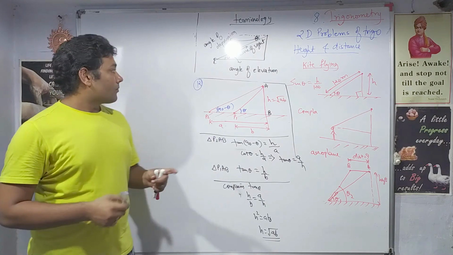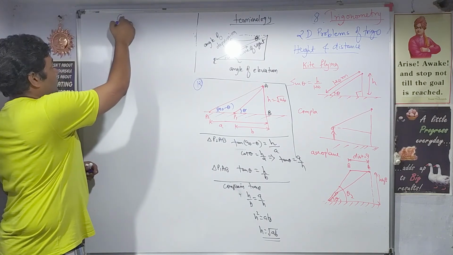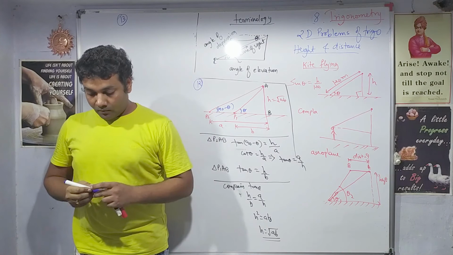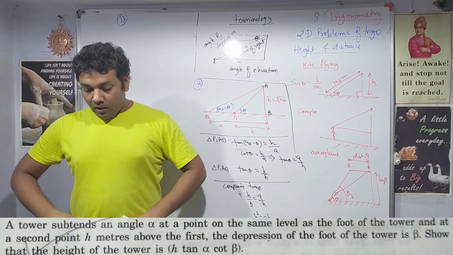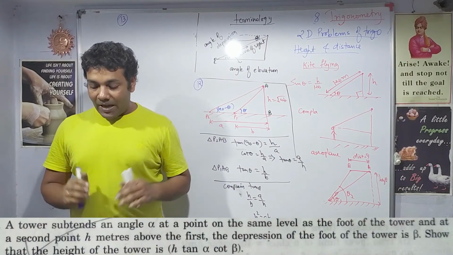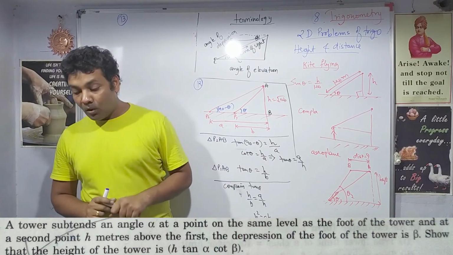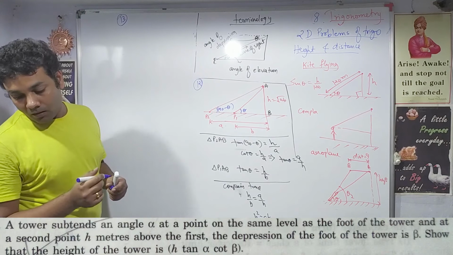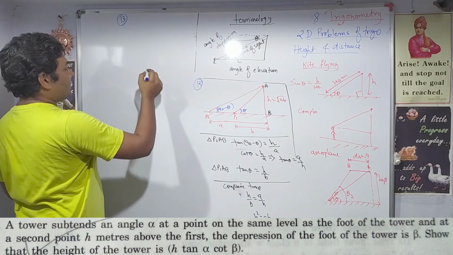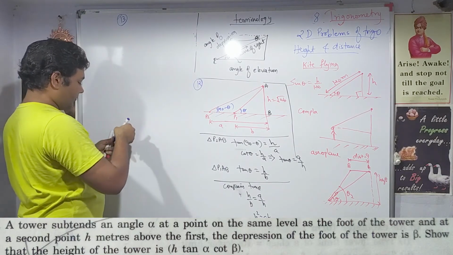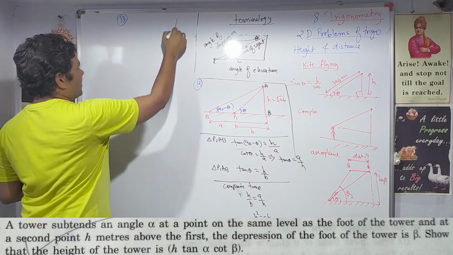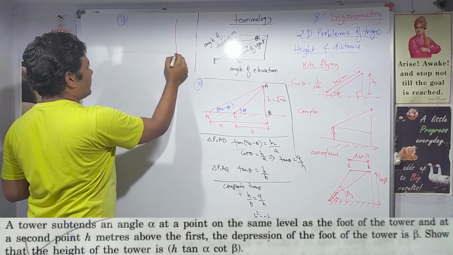Last one, 13th question. The question says a tower subtends an angle alpha at a point on the same level as the foot of the tower. So there is a tower, right? The tower subtends an angle alpha.